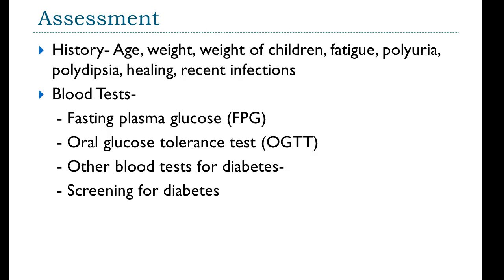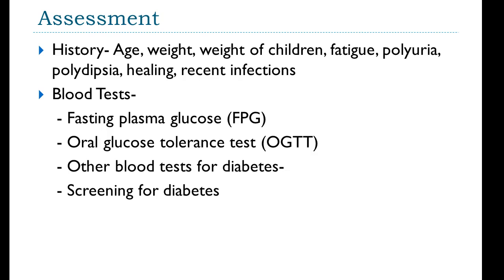And so to make that diabetes diagnosis, you would have to obtain 2 occasions of testing where the levels are over 126. So that's pretty simple to understand, okay?